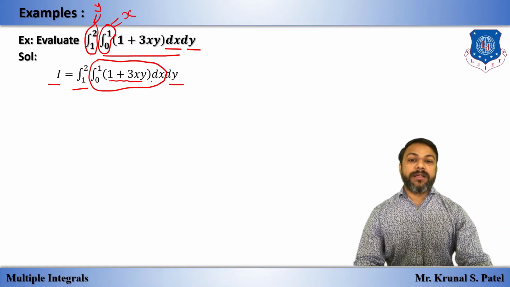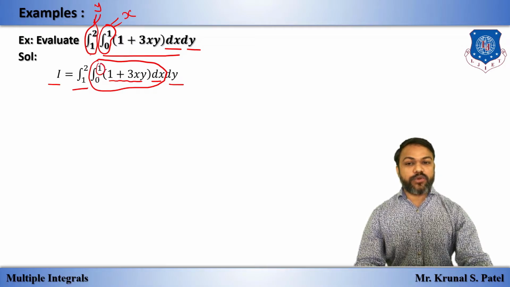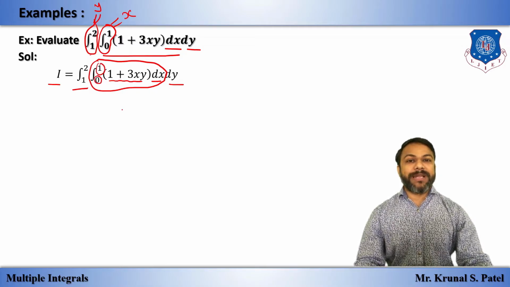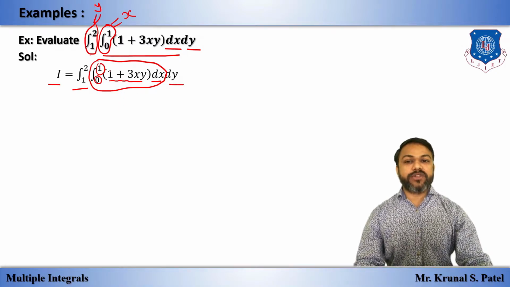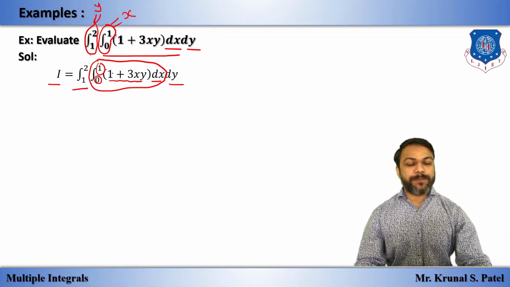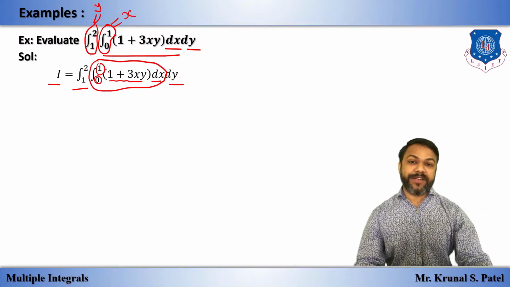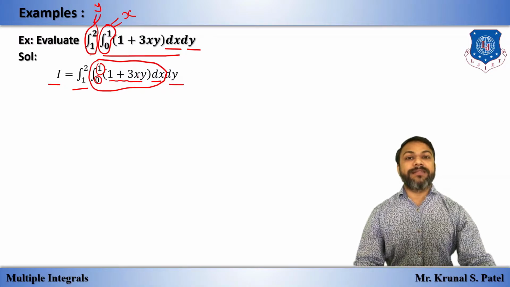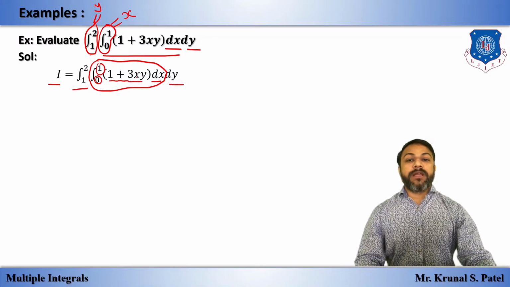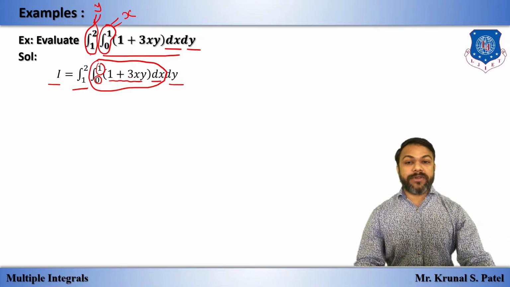And we know that if we integrate with respect to x, the limit 0 to 1 is also replaced in the place of x, because we are integrating with respect to x. So the integration of 1 with respect to x is x, as we have discussed in school-level integration, and you can find the formulas of integration in the description. And the integration of the term 3xy: 3 and y are both constant, so the integration of x is x squared by 2.